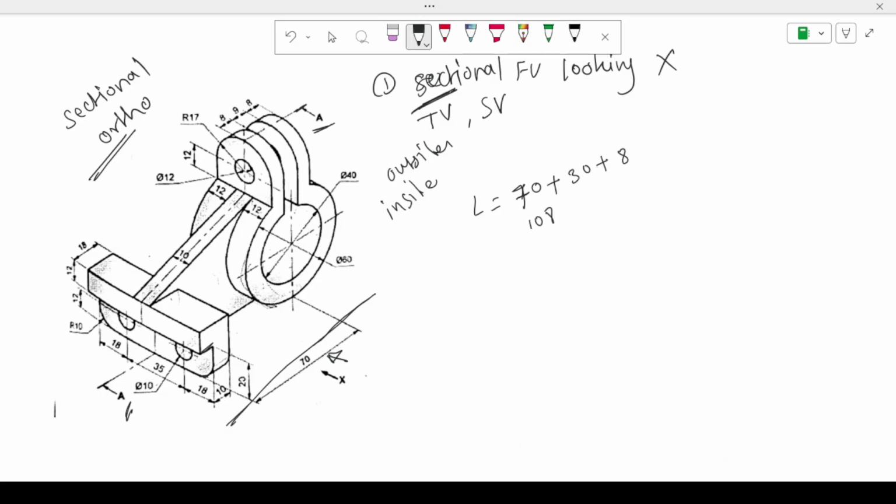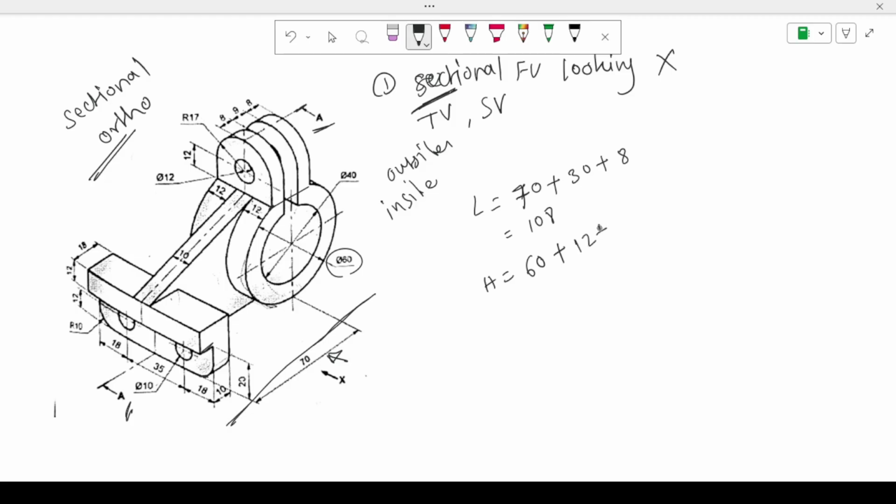Then height is equal to, for height, see carefully that this cylindrical part, this rib and this rectangular part, all are at the one level, so you have to just add this 60. The diameter of this cylindrical part is 60. So up to this it is 60, so you have to add this 60 plus this 12 and the radius of this semicircular part, that is 17.